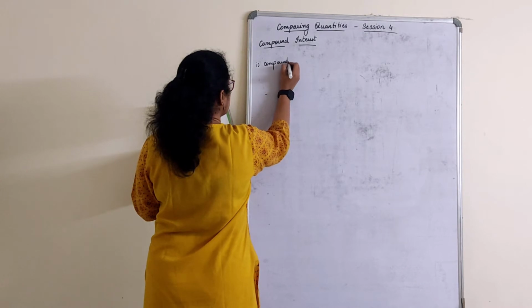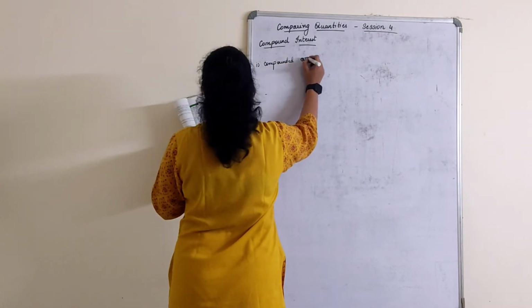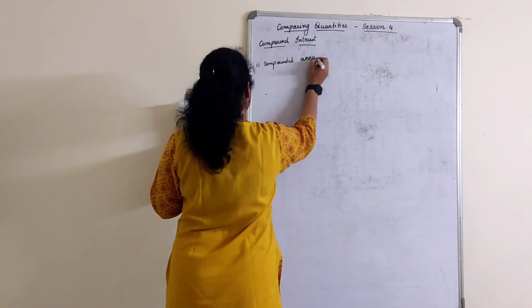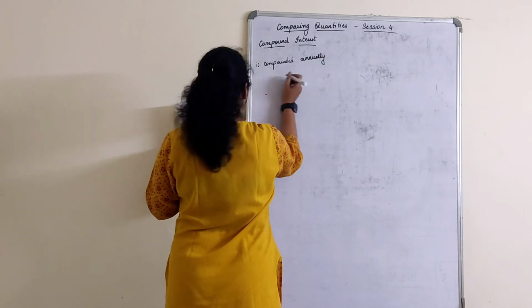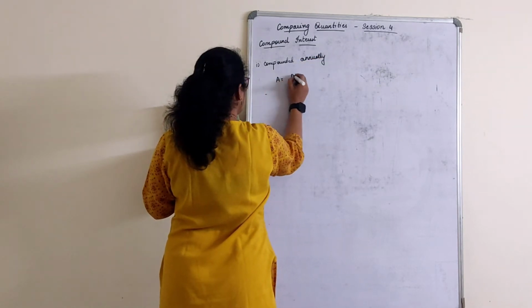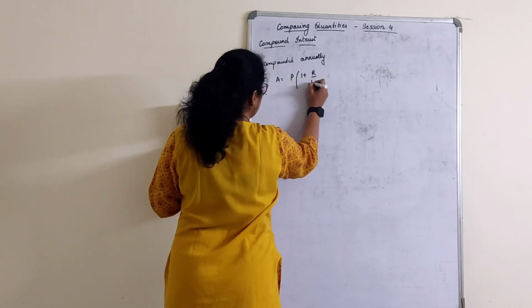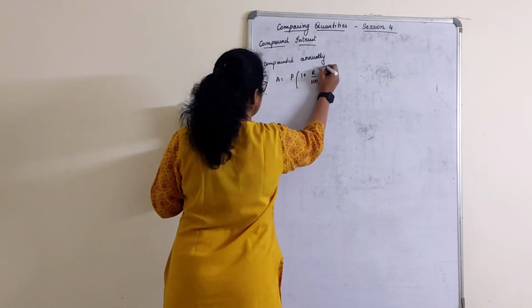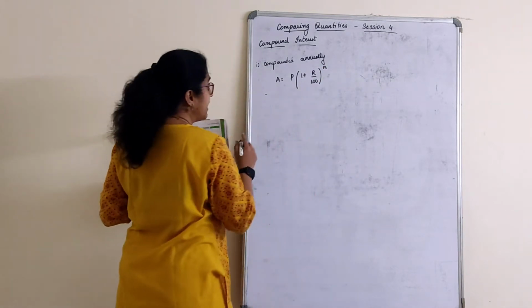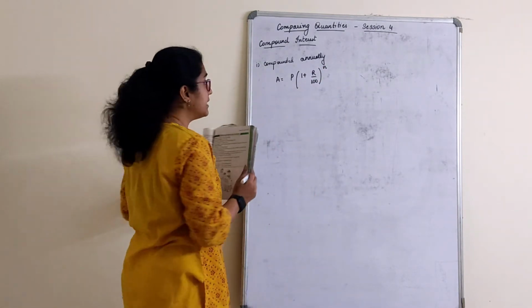Compound interest, when the amount is compounded annually, that is yearly: amount is equal to principal times (1 plus rate of interest divided by 100) raised to n. At the end we will write what A, P, R and N are.